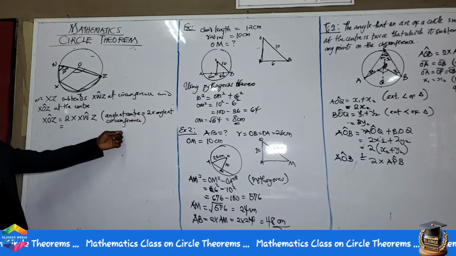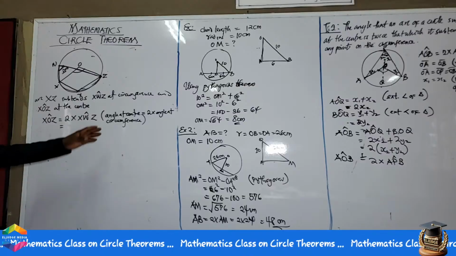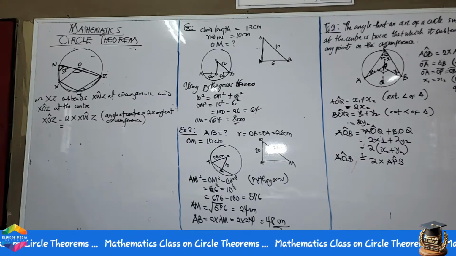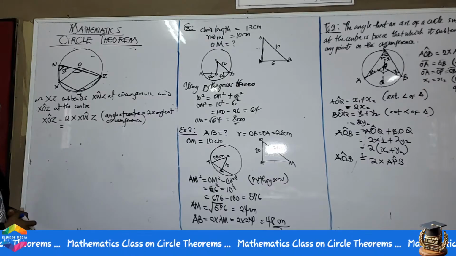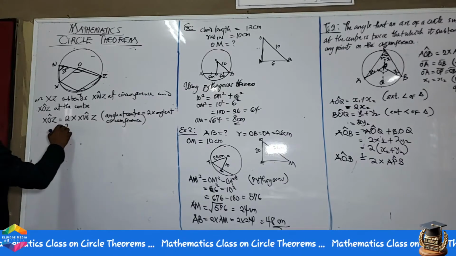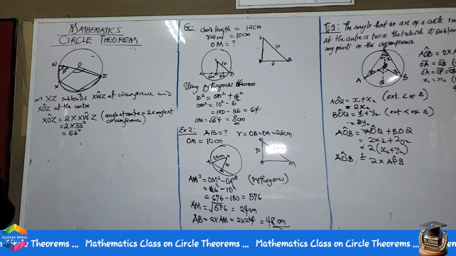This is very important for you to write when you are solving circle theorems. If you don't write these reasons, you might lose about 2 marks. So now we have 2 times 33 degrees, and that will give us 66 degrees.